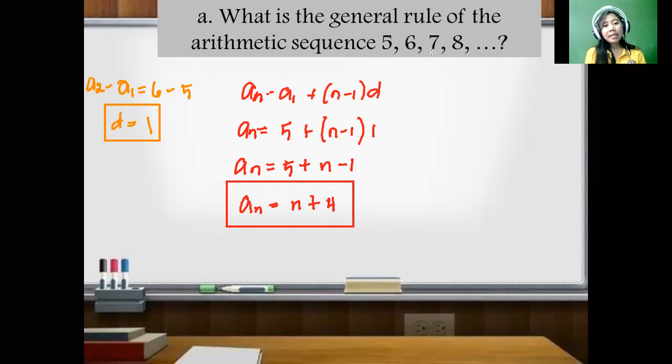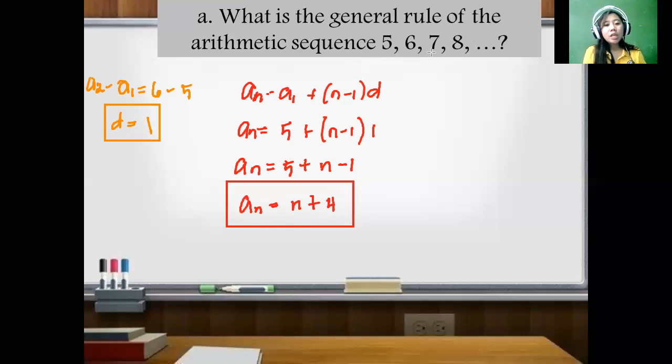Okay, para po mas mapadali natin mahanap yung given terms na malayo na sa ating sequence, para po madali nating mahanap yung terms na pinapahanap po sa atin. For example, you are asked to get the 35th term, okay, the value of the 35th term of this arithmetic sequence.